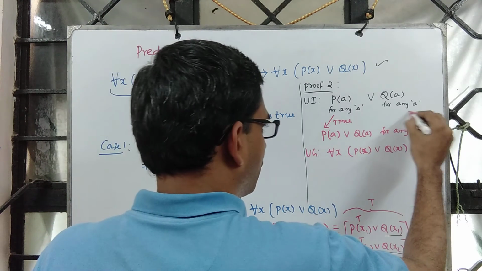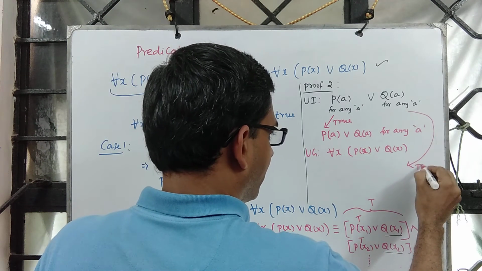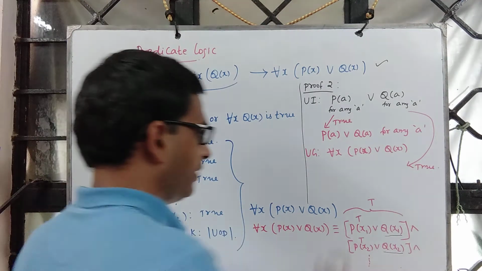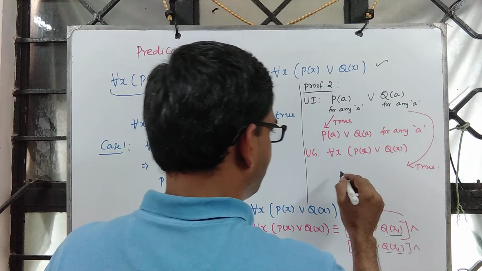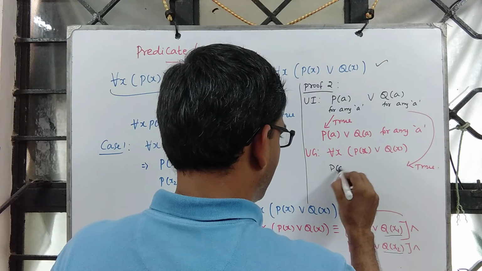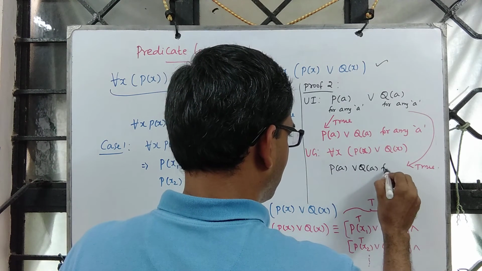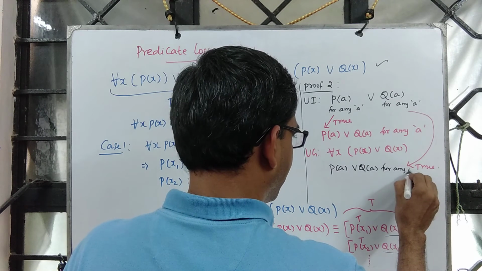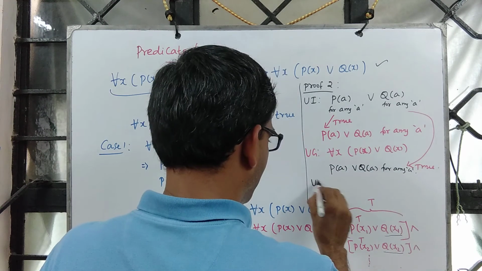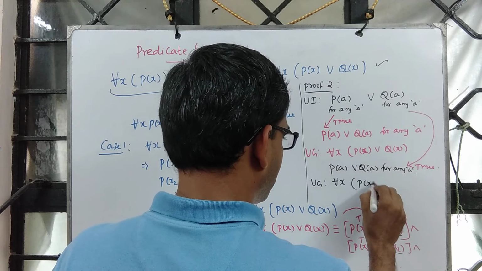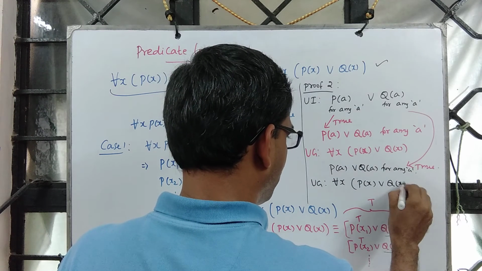Or this may be true. Okay. Even if this one is true, independent of this, I can write p of a or q of a for any a. Then perform universal generalization. We get for all x, p of x or q of x.